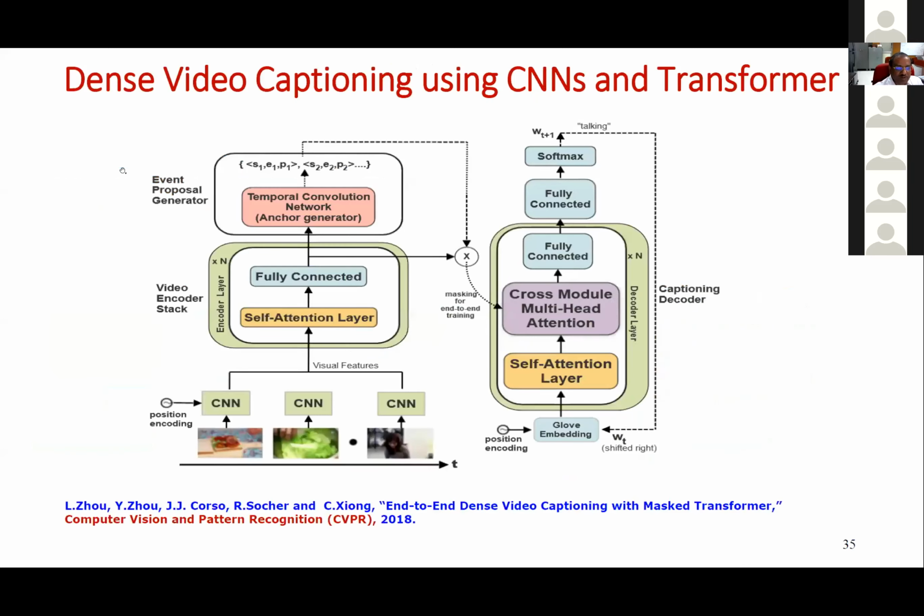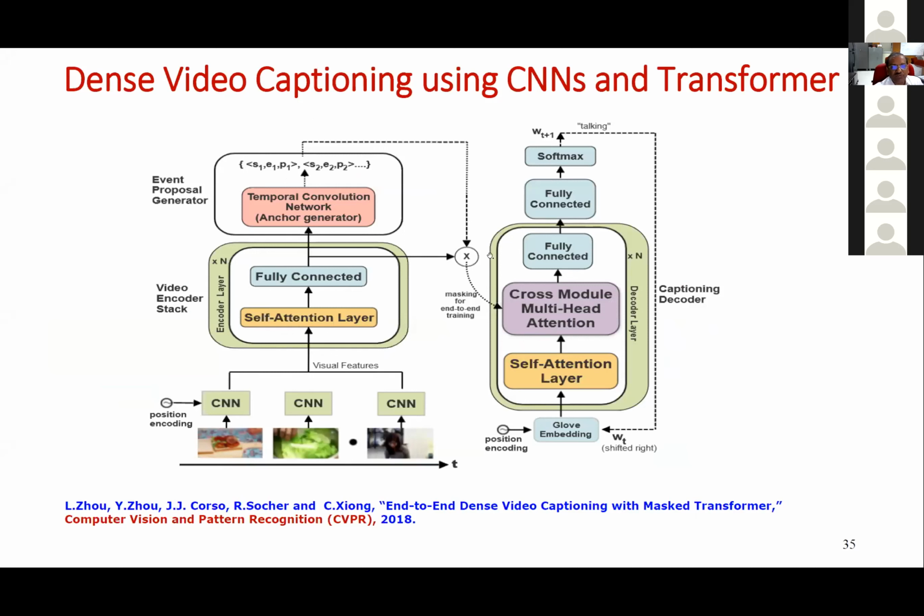There is one paper which talks about performing this dense video captioning using a transformer. As you can see here, the different frames of the video are passed through the deep CNN model to generate a representation. So we get a sequence of feature vectors. We pass it through the encoder module here, and we also pass the output of this encoder module to what is known as the event proposal generator, which indicates what are the different events associated with the different parts of the video.